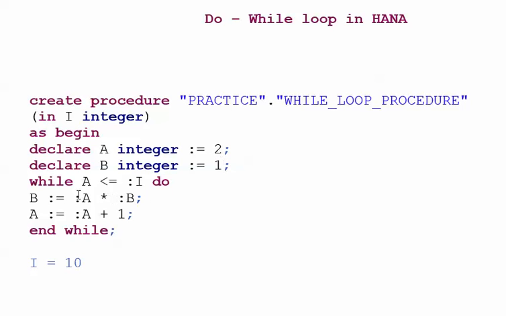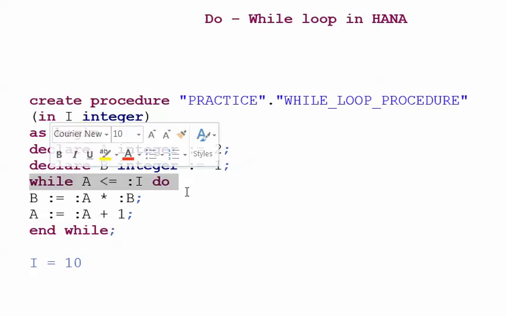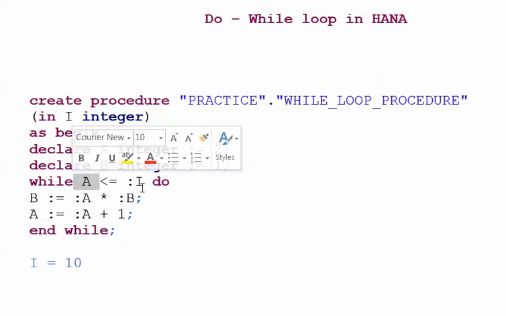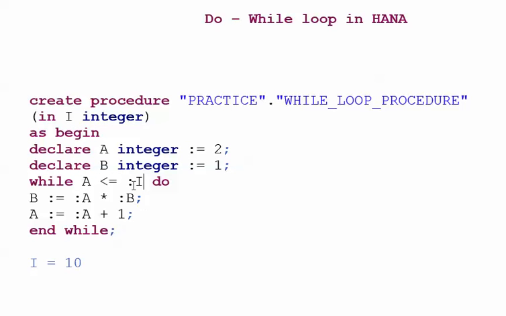This value will be stored in b, so the value will become 2, and after that the counter value will increase. After that the value of a will be 3. Similarly, again it will check this condition, so this iteration will continue until the value of a becomes 10. In this way this do-while loop works.